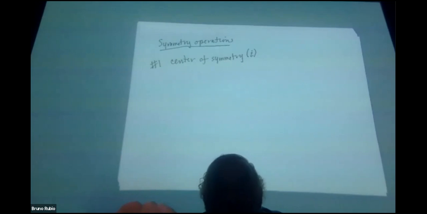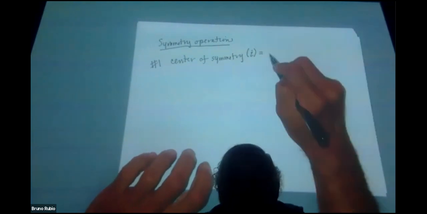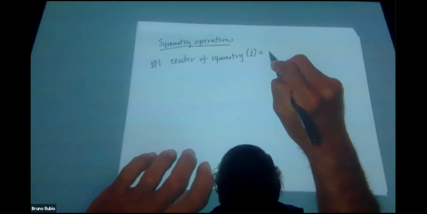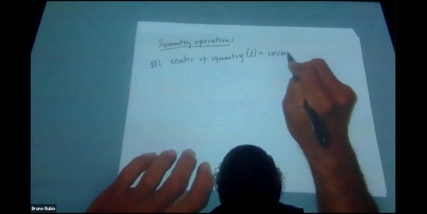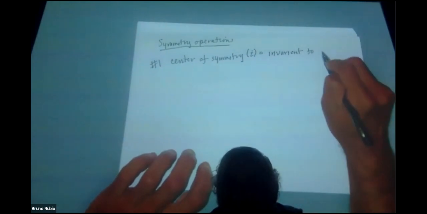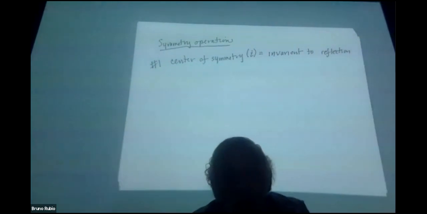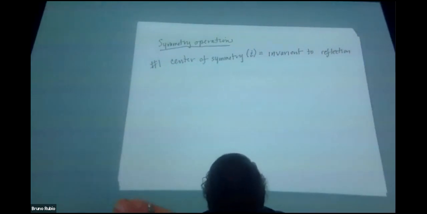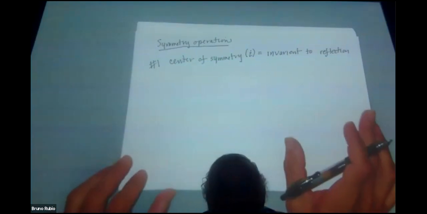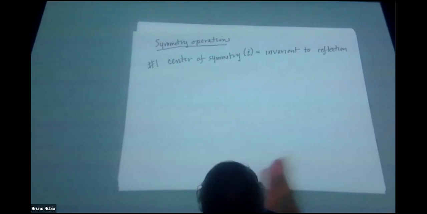And what exactly a center of symmetry is, if you want the exact definition, we could say that if a molecule has a center of symmetry, it is invariant to reflection. Well, that's just more gobbledygook. Okay, so finding a center of symmetry is easier than defining what it is.